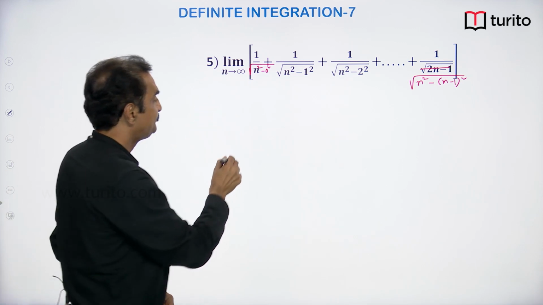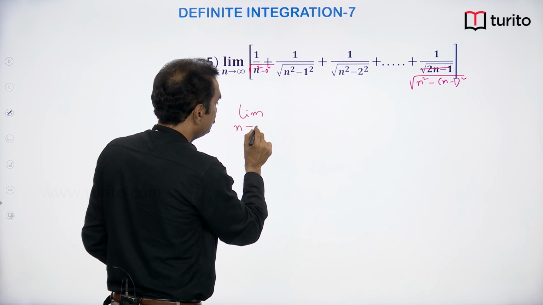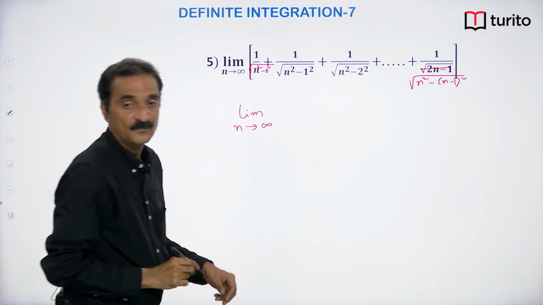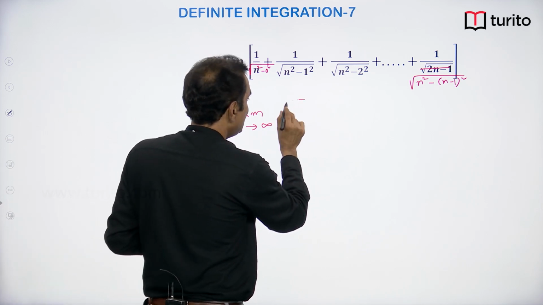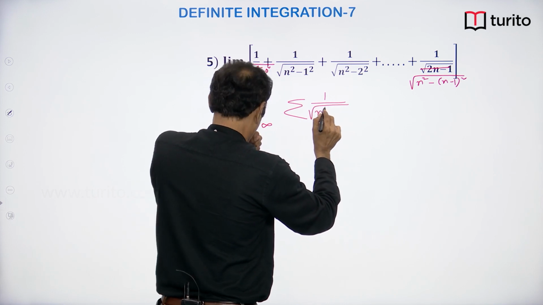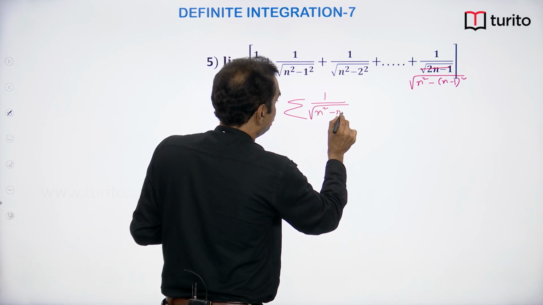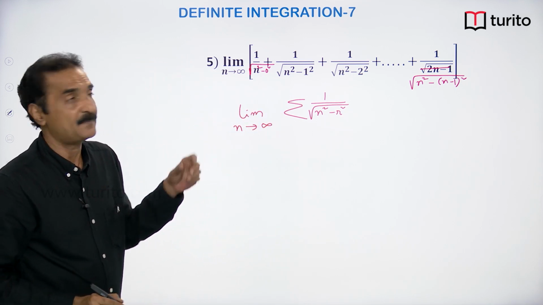Now, this is limit n tends to infinity sigma 1 by root over n square minus r square.